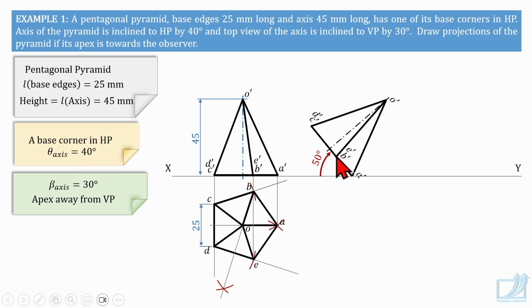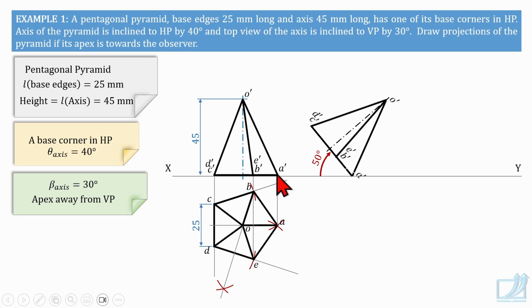But before you start drawing this view, you must know that you are not going to change the size and shape of the front view. That means this triangle with all these labels is identical here. The only thing is we have rotated it.